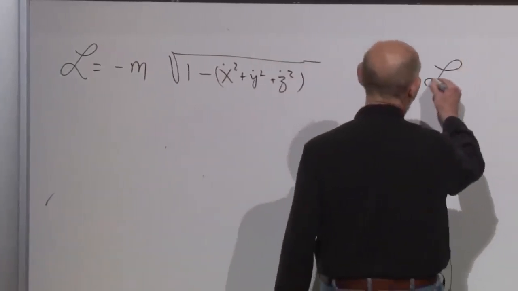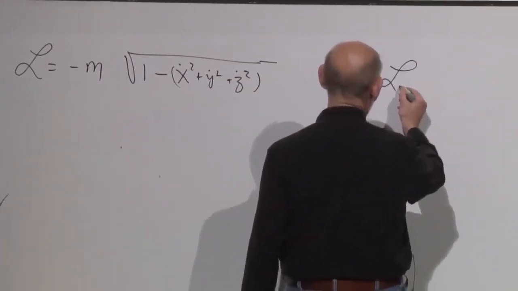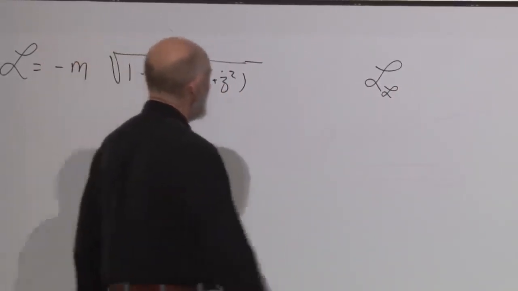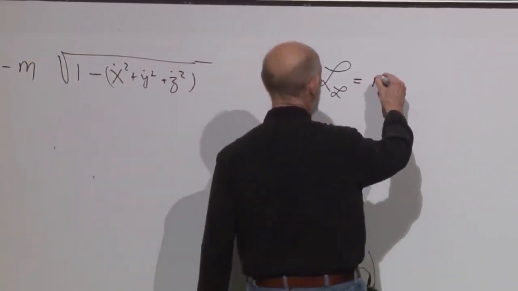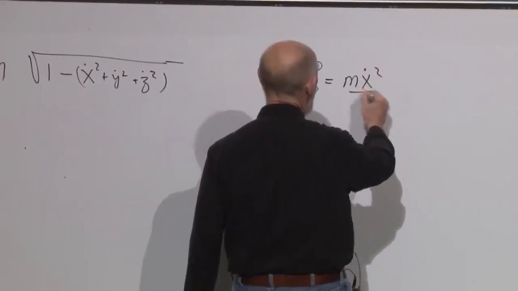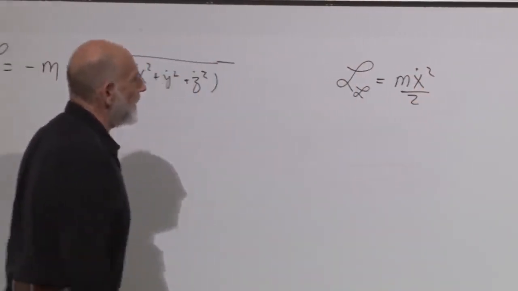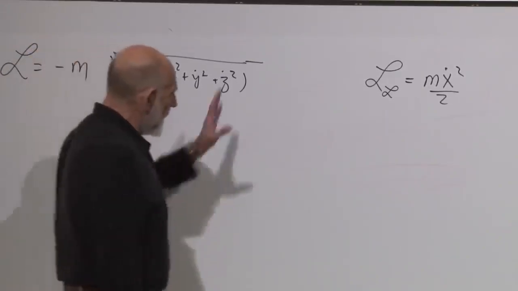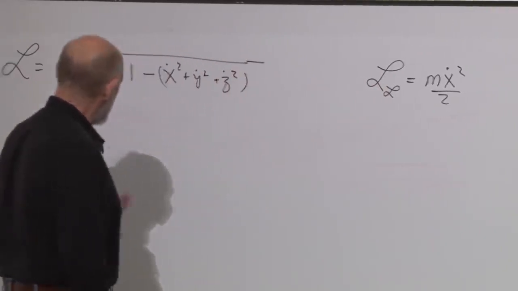The Lagrangian of Lagrange, L sub L, was just m x dot squared over 2, 1/2 mv squared, where x dot squared does mean x dot squared plus y dot squared plus z dot squared. This is the Lagrangian Lagrange would have written down.